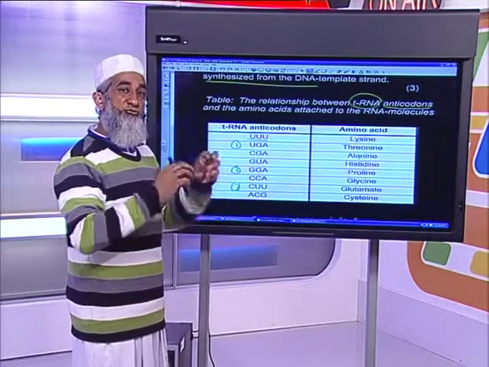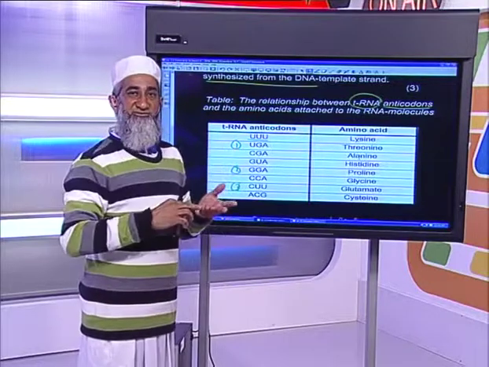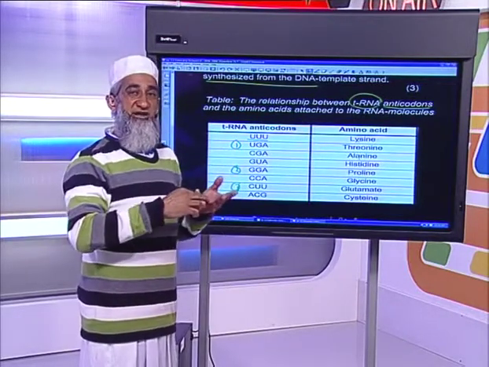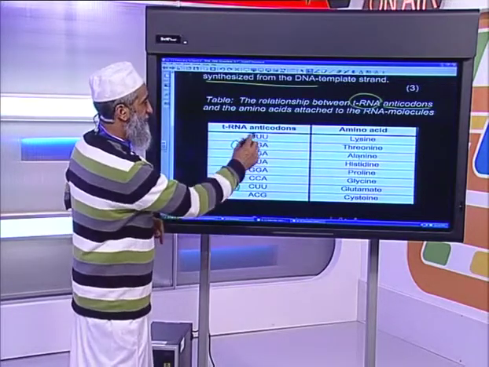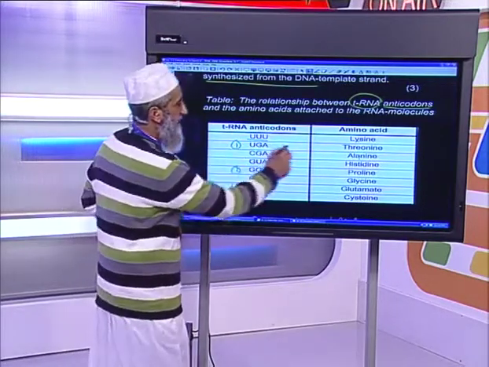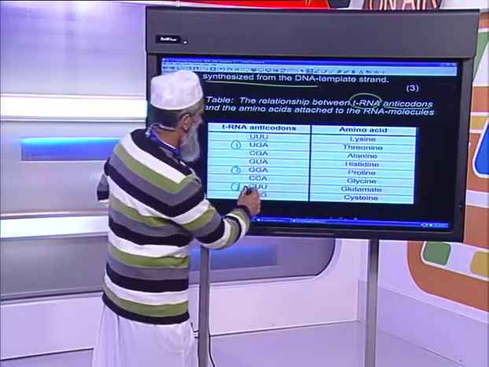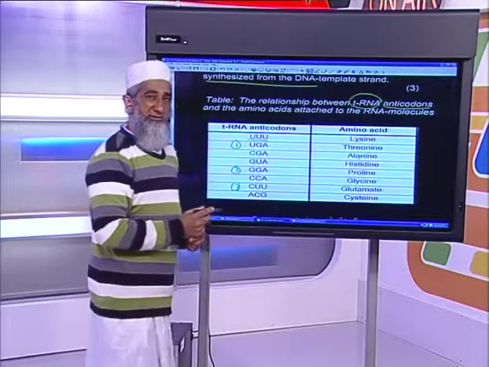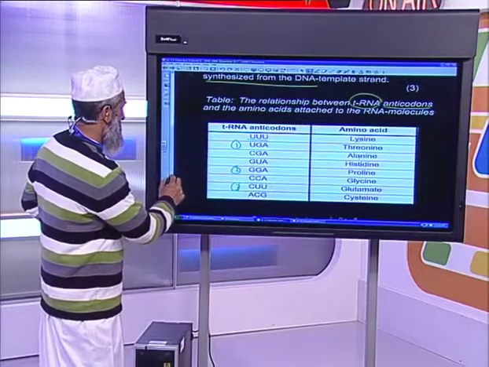You are required to know what DNA is, what RNA is, what the difference is, how messenger RNA forms, and what codes will follow. So you look at it and write it down in that order. 1 would be threonine, 2 would be proline, and the last one, 3, would be glutamate. Those were the 3 amino acids that would have been picked up. That's what you needed to do in this question.